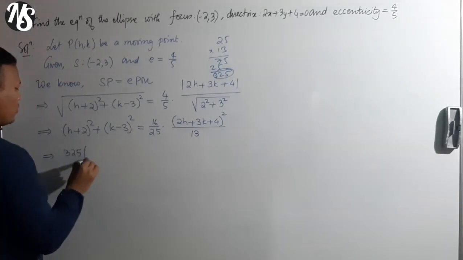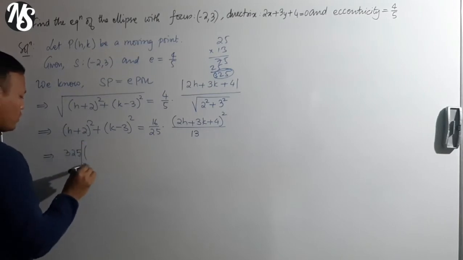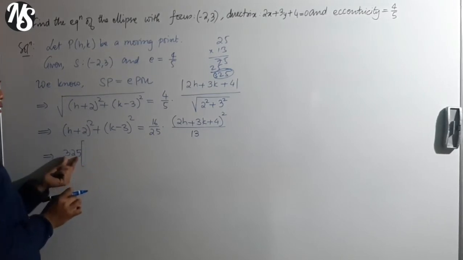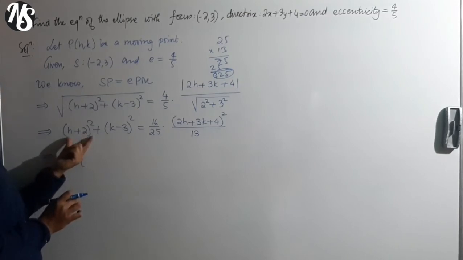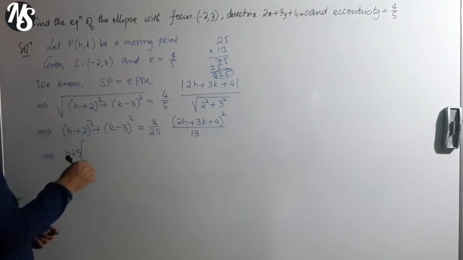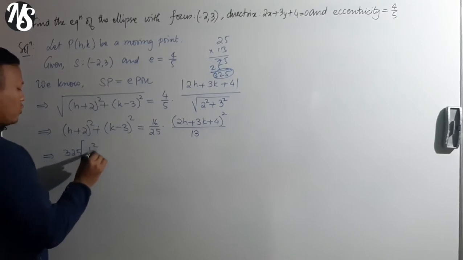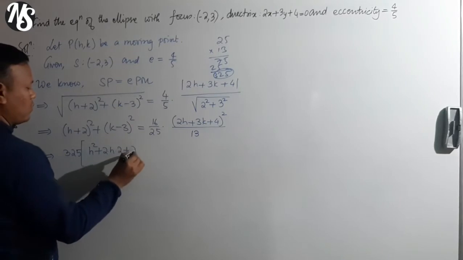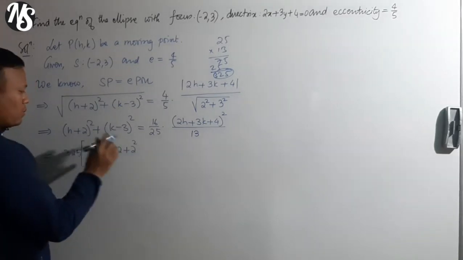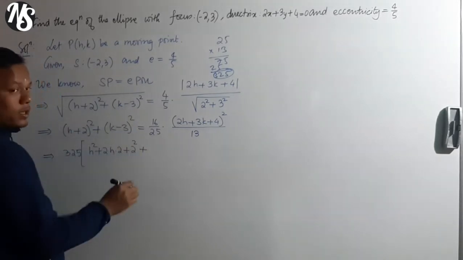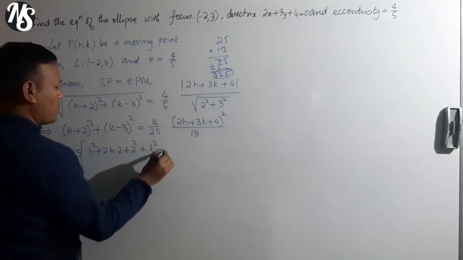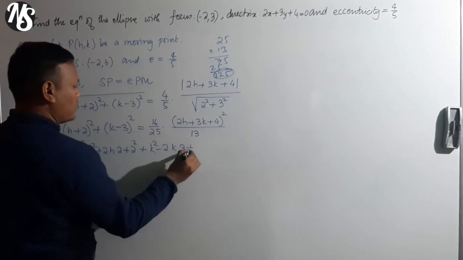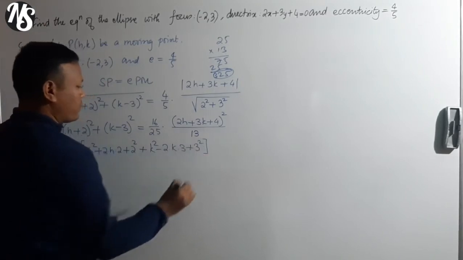Okay, after coming here, let's simplify this. This is (a + b) whole square, which is a square plus 2ab plus b square, plus we have (a - b) whole square, so it is a square minus 2ab plus b square.